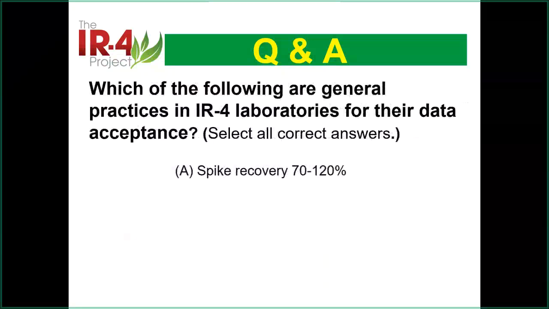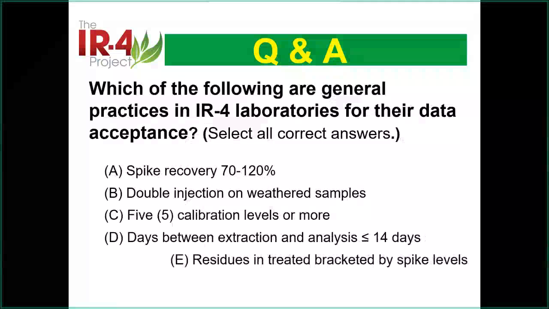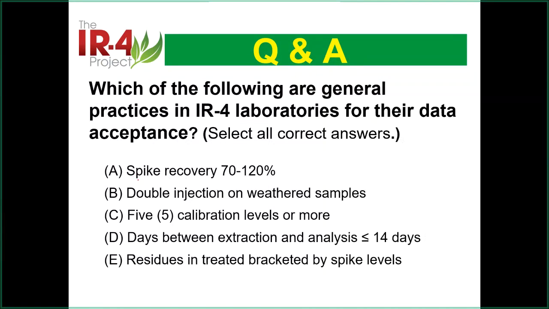So the next one is the acceptance, and this is what we deal with every day in the lab. What is the requirement for your spike recovery, and do you need multiple injections to make sure this is right? How many calibration points are there? What is your sample holding time, the extract holding time, and what are your spike levels, and what if it is too high or low?